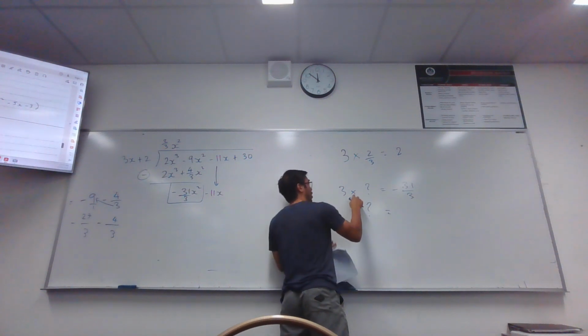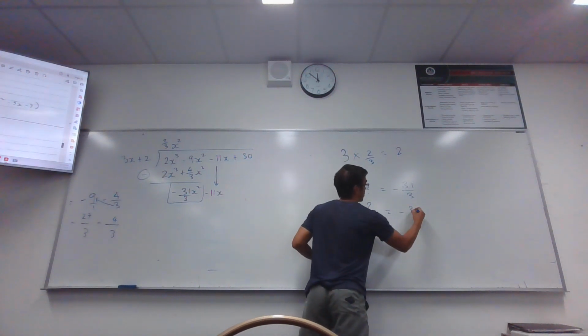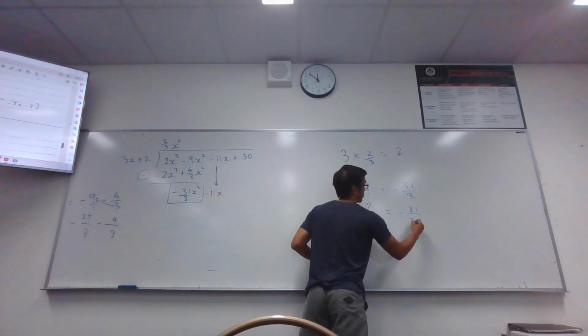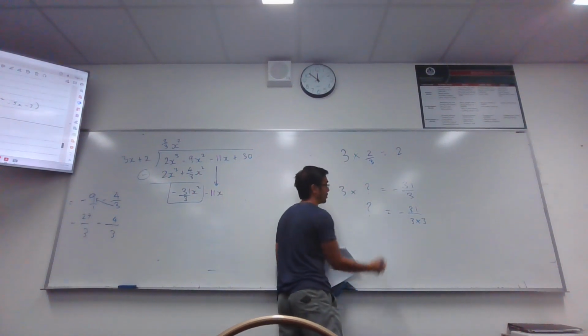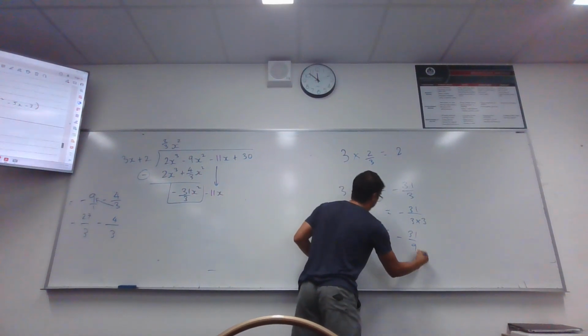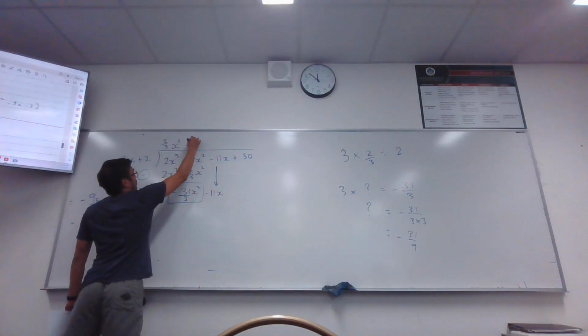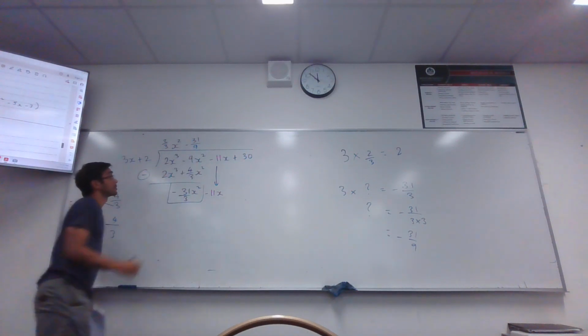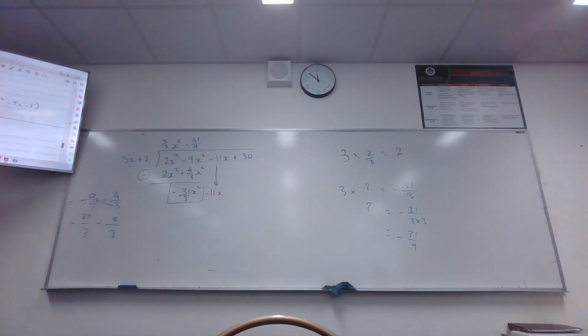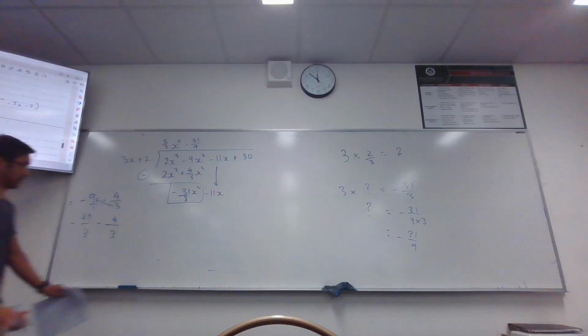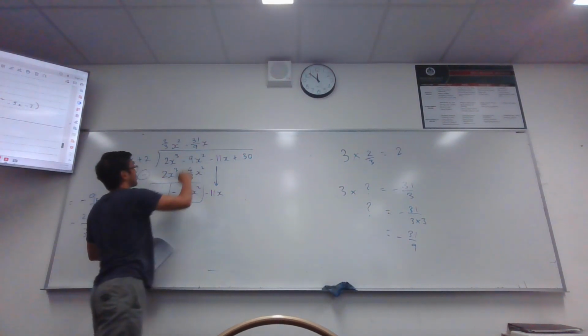The opposite of timesing is dividing, putting the 3 on the bottom, -31 on 9. What needs to go with that number? An x. Okay.